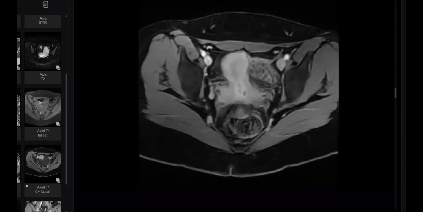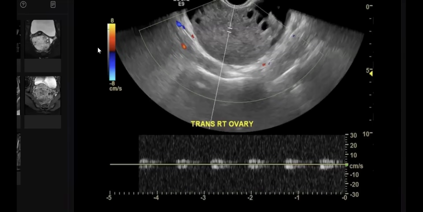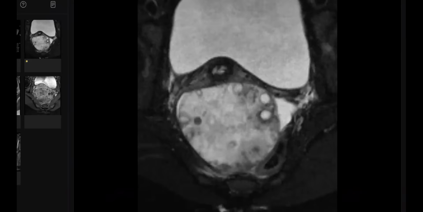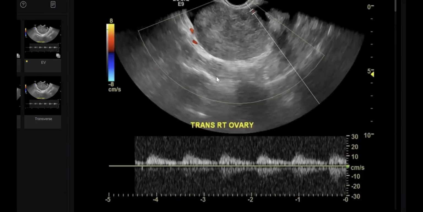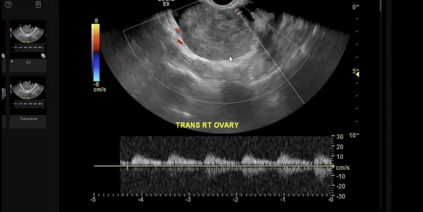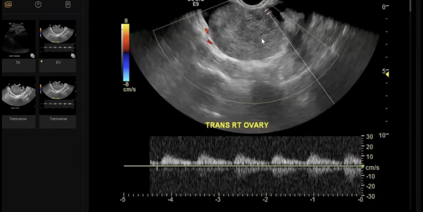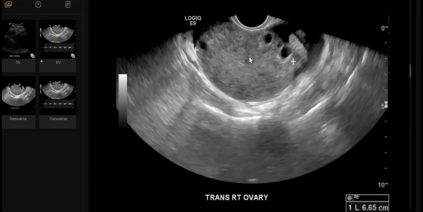By the way, I'll show you another sign in the previous case. Normally, the follicles have no... Okay, let's see this one. By the way, this ultrasound appeared. This is the ultrasound of the first case, my friends. This ovary is enlarged, containing vascularity. Enlargement is more sensitive.